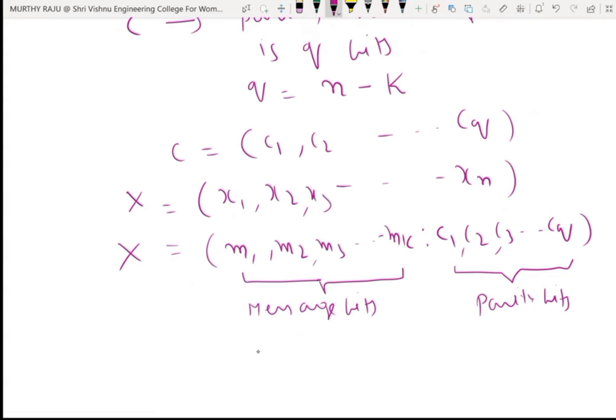In the systematic form of linear block codes, the first k bits are message bits or data bits, and the last q, equal to n minus k, bits are the parity check bits.